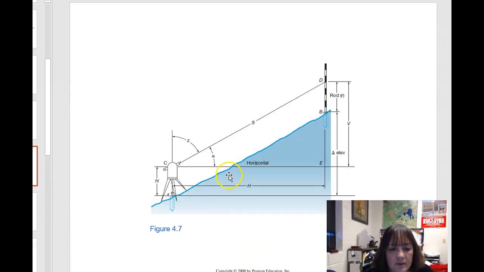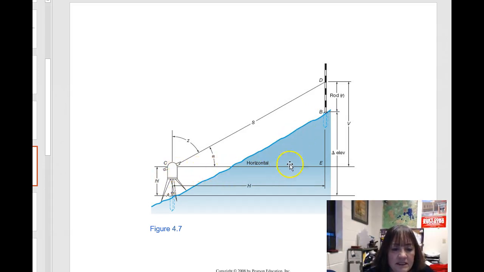Now the other thing, I'm going back to slide number 8 here. When you look at maps, they are almost always laid out in horizontal distances, not slope distances. So slope distance is the distance along the path of wherever you're measuring from and to.